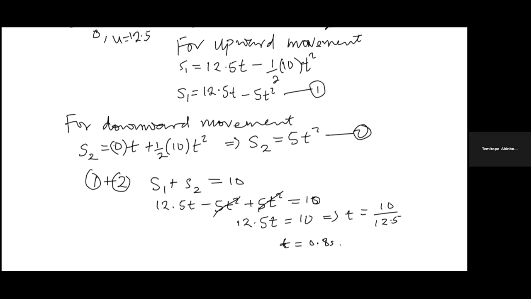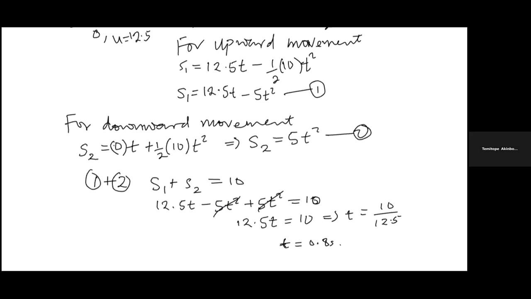Since we know the time they will meet, we now substitute that time into equation 1 and equation 2, or either of them. If you substitute it in equation 1, what will you get? If you substitute it in equation 2, what will you get?